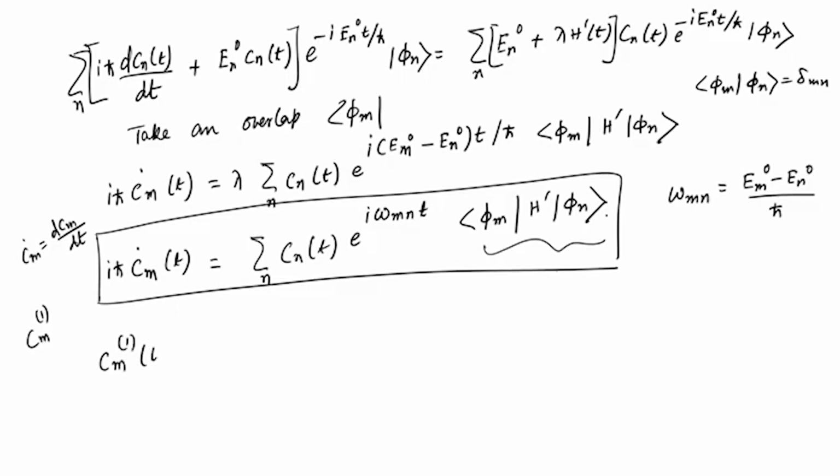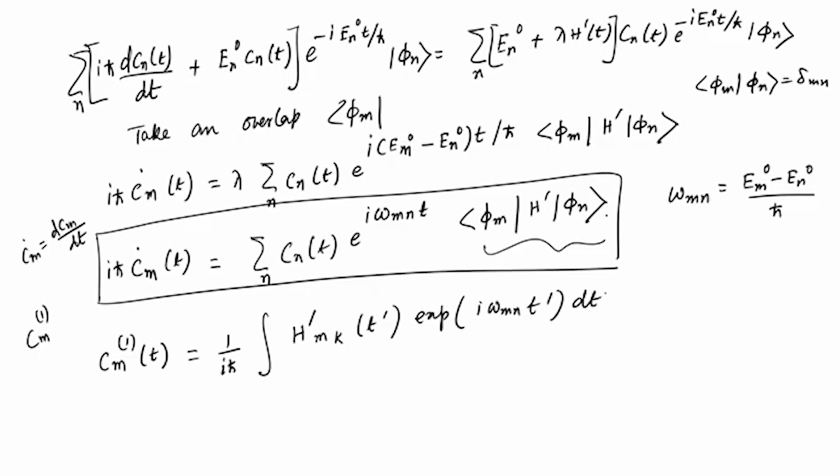So, your C_m^(1)(t), the solution of this equation, is nothing but 1 by i h cross, and now I have h prime_mn(t prime) and exponential i omega_mn t prime dt prime.